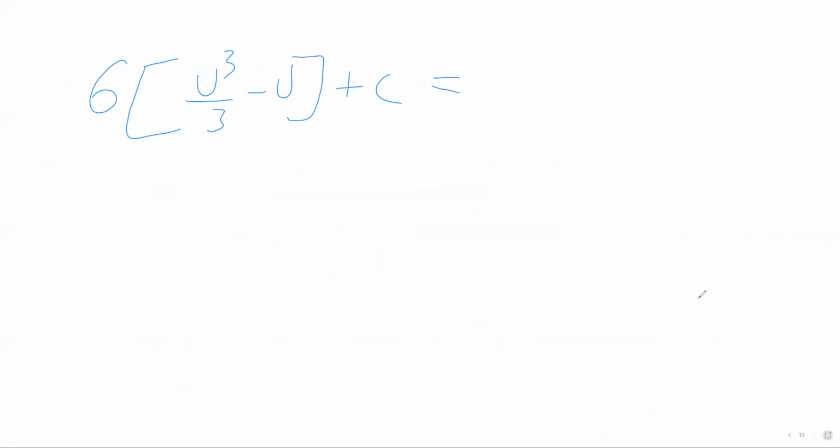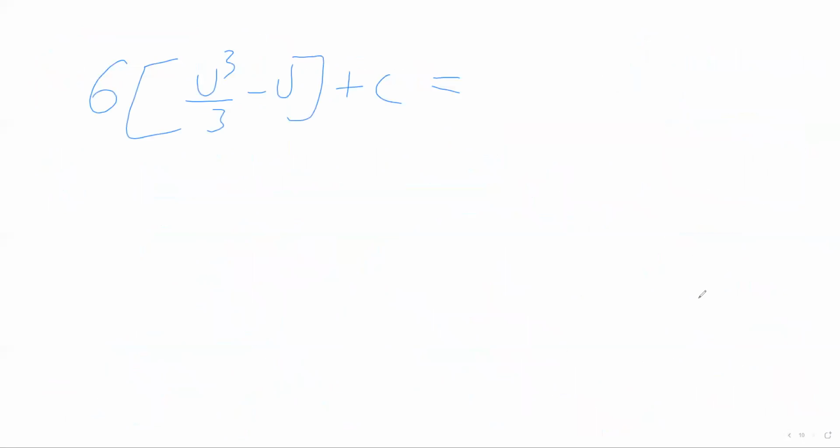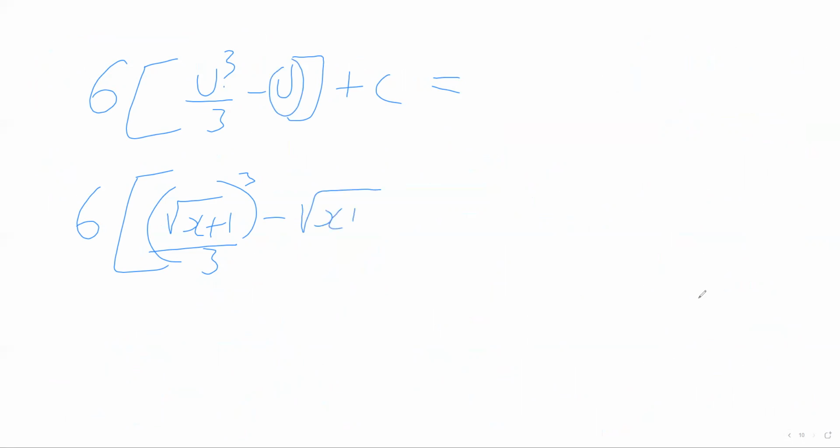But now I was just using u to make integration easy for me. So I have to take it back in terms of x. But what is u? U is the square root of that. So I can go back and substitute. So I have 6. What is u? U is the square root of that, to the power 3 over 3 minus, what is u? U is that.